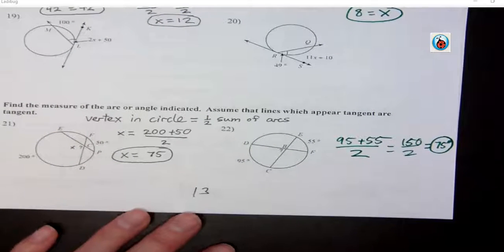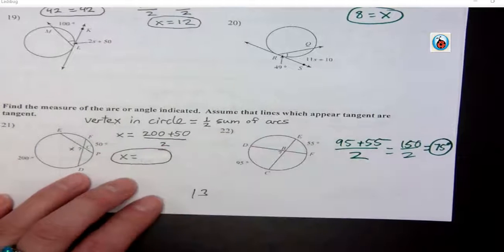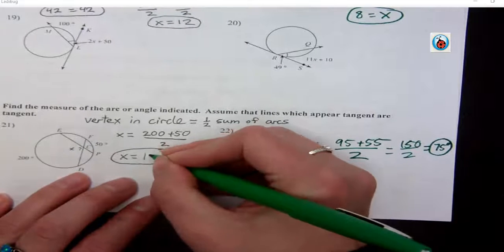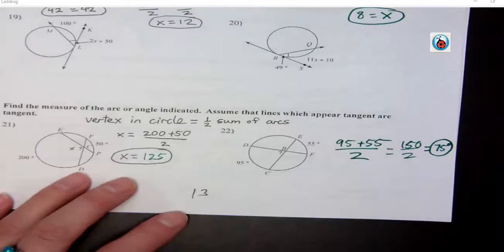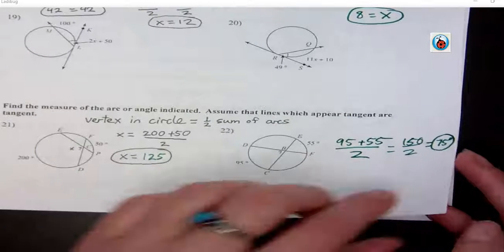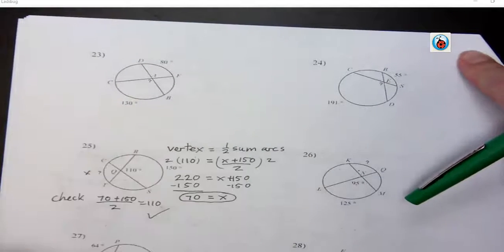And then I check and realize there's actually a mistake here. 250 divided by 2 is 125, not 75. Alright, so move on to the next section. And you have 2 to do by yourself.